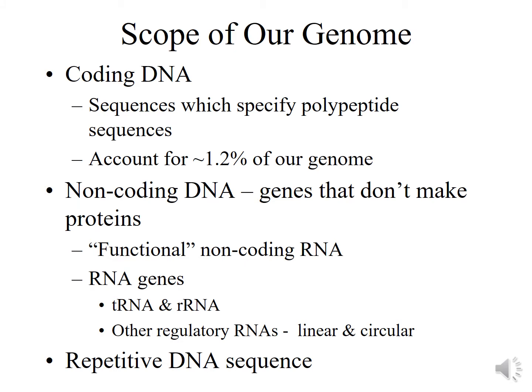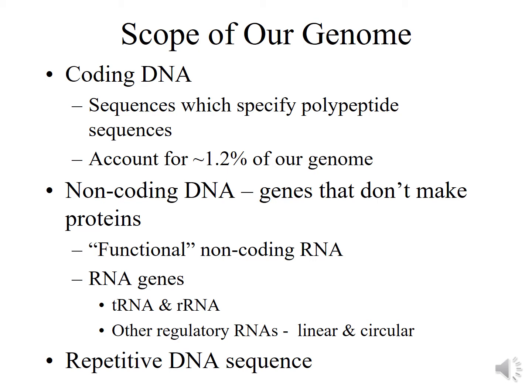Scope of our genome. Our genome is complex, comprising about 3.2 gigabases, or 3.2 times 10 to the ninth base pairs of DNA. One of its main tasks is to produce a huge variety of different proteins that dictate how cells work.